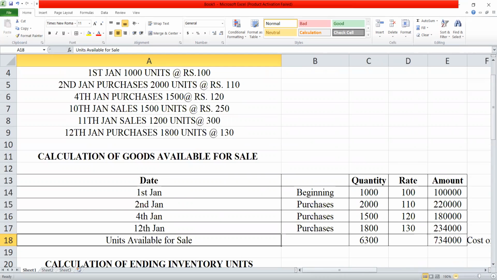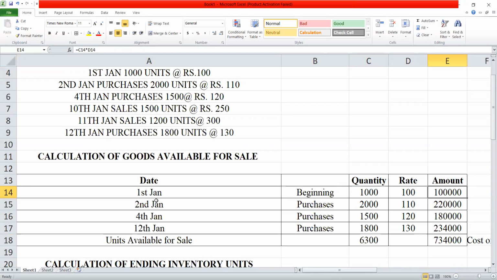So for the calculation of goods available for sale, you have to make a chart. This is the date column, then quantity, rate and amount. On the first Jan, we had 1000 units at a cost of rupees 100, and when we multiply it, we get 1 lakh rupees.